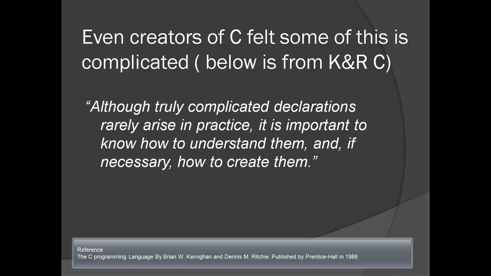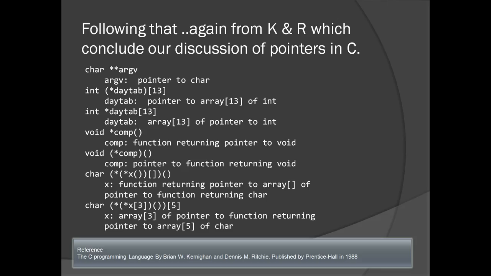So we are nearing to the end of the discussion regarding pointers. So these are some of the comments from K&R-C. I would recommend you to read that book, The C Programming Language, by Kernighan and Dennis Ritchie. Again from the same book. So most of this we have seen so far in different presentation.